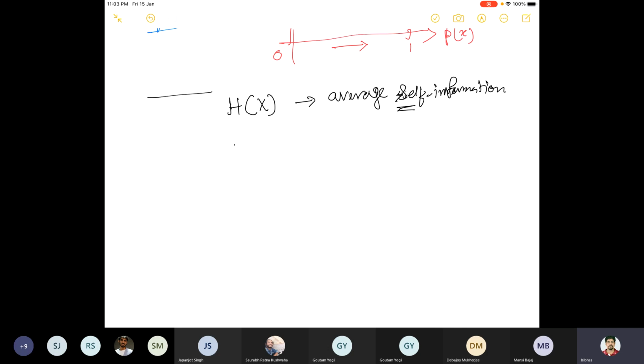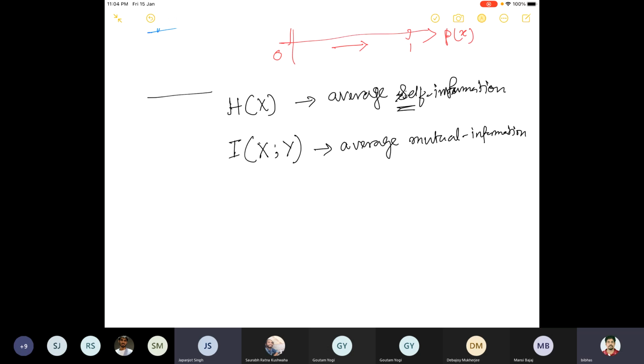So I(X;Y), this is how we have defined mutual information, right? Now, this is your question probably, that why we are not calling it entropy, since this is average mutual information. Is that your question, Japanjot? Yes, sir.